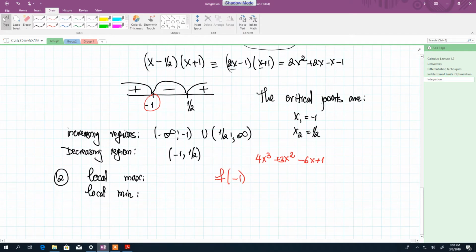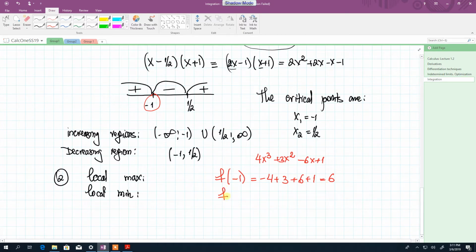Your function is increasing until minus 1, and after minus 1 it's decreasing. So the function's maximum is f of minus 1, not minus 1. So f of minus 1 will be equal to minus 4 plus 3 plus 6 plus 1, since I've substituted x with minus 1. You understand this? So this will be equal to 6. The function's local maximum is equal to 6.